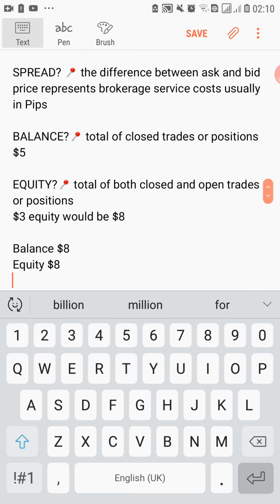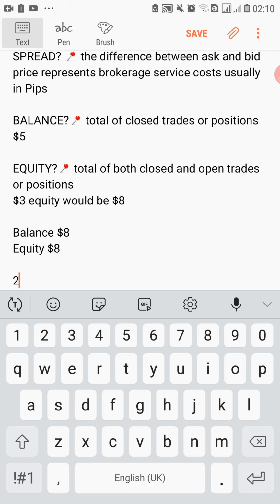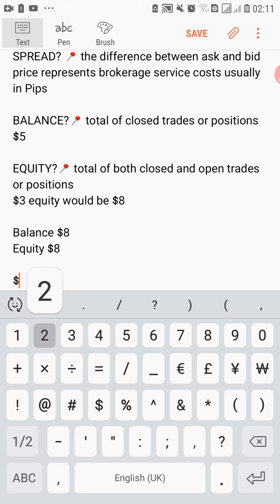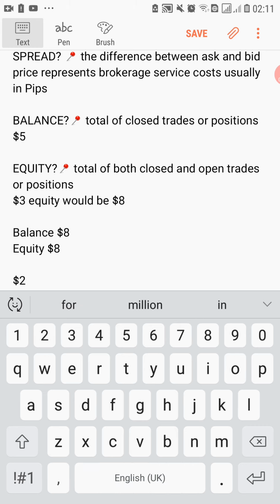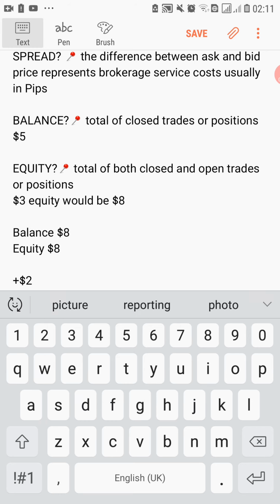Then should we open any other trade and make, let's just say, another profit of $2, and it's a floating profit, meaning we haven't closed it yet, our equity would now rise to $10, but our balance would be at $8.